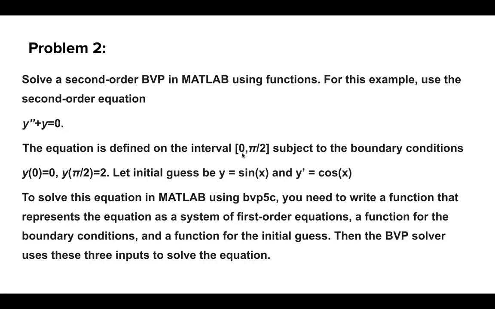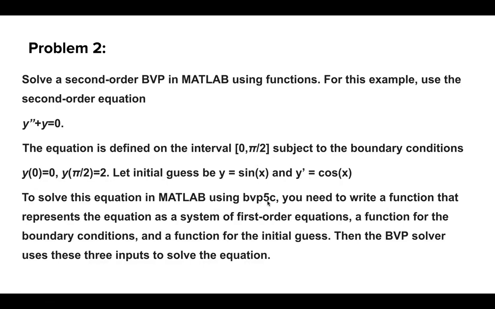We have an interval defined from 0 to pi by 2, subject to boundary conditions: y at x equals 0 is 0, and y at x equals pi by 2 is 2. The initial value for y has to be sin x, and the initial value of y dash has to be cos x, similar to what we did earlier. Temperature initial value is sin x, and derivative of temperature initial value is cos x.